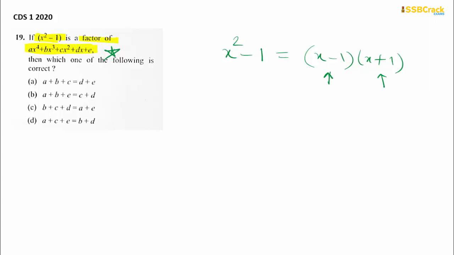x plus 1 भी कहलाएगा. If we use x plus 1 as a factor and synthetic division, shortcut trick, right, for this biquadratic polynomial you would have easily got one of the options among ABCD. Like how?